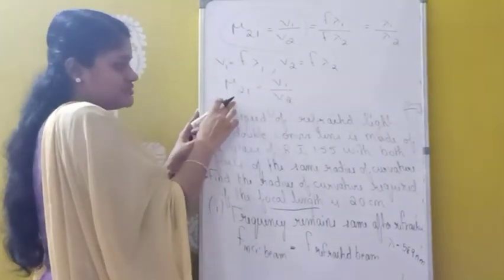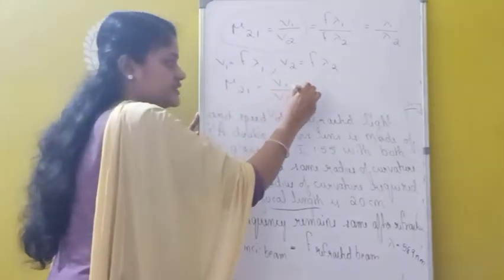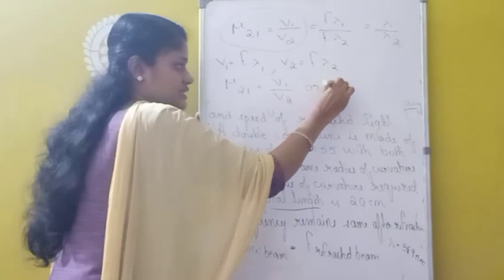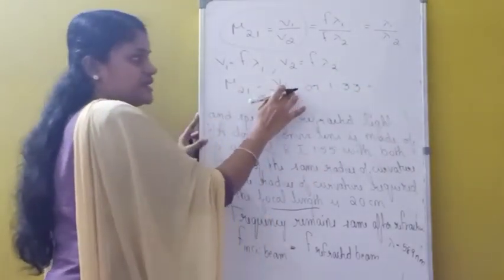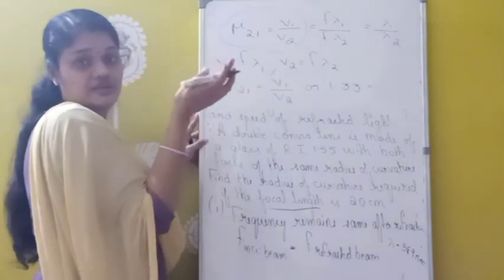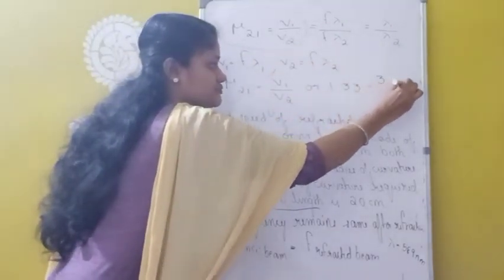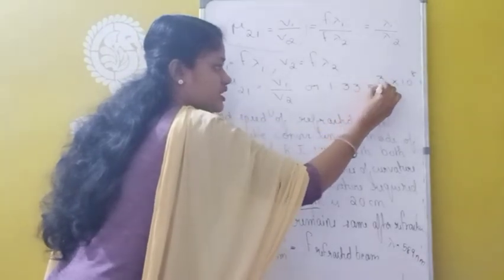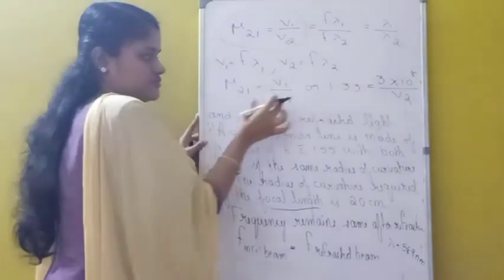The value for refractive index is given in the question itself: 1.33. So 1.33 equals the speed in air, which we already know, 3 into 10 raised to 8, divided by V2, which we have to find. I simply substitute in this formula.